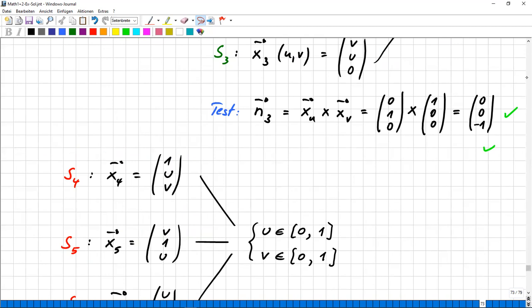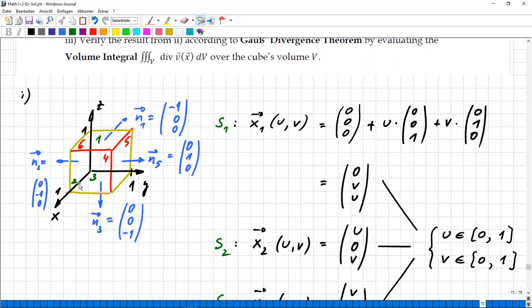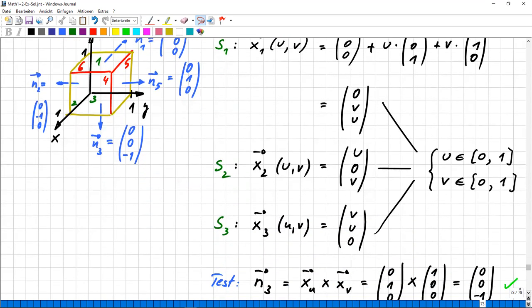The same holds, I needn't explain again, for the second face and fifth face, and also faces number 3 and number 6, bottom face, top face. They all have a similar connection to each other. So if you just keep in mind shortly, the function for face number 2, this stands for surface part 2, (u, 0, v) must be replaced by (v, 1, u).